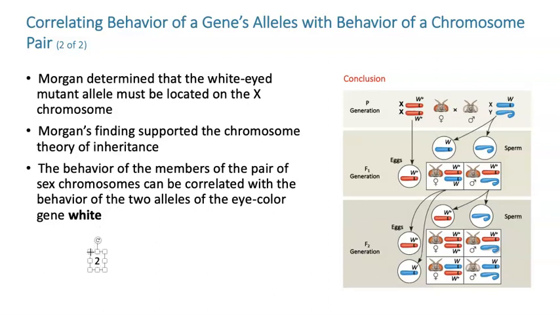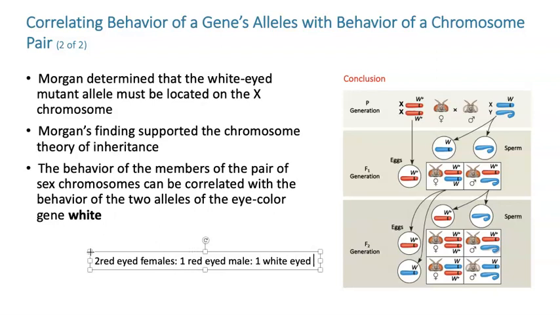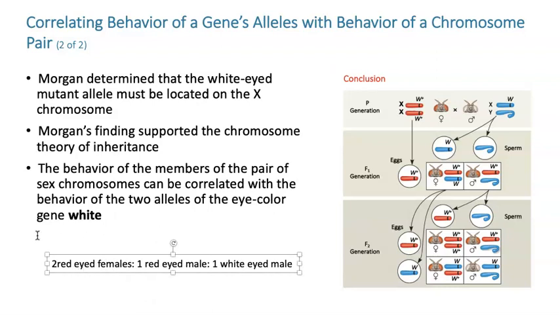It's 2 red-eyed females to 1 red-eyed male to 1 white-eyed male. Hope that makes sense. When you're doing sex-linked traits, you have to say the gender or sex of the individual along with whatever trait that you're looking at.